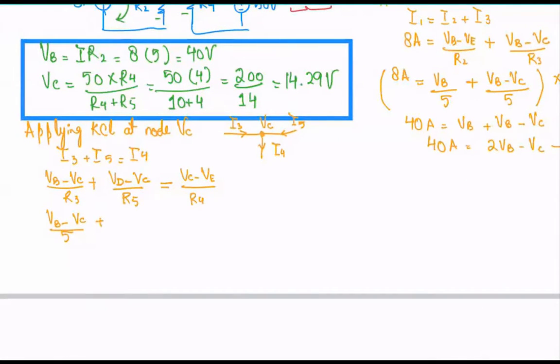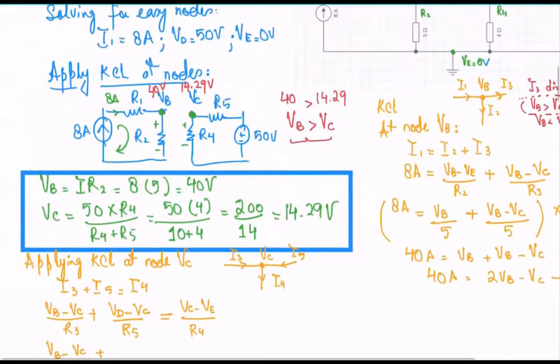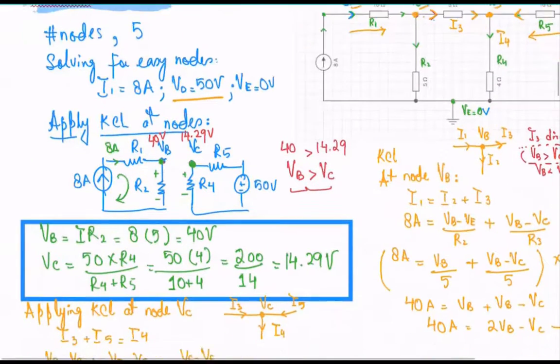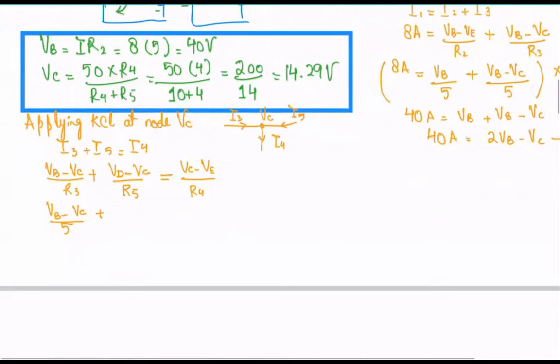Plus VD, we already know that, right? VD was how much? 50 volts. So I get 50 here. Again, VC is something that we need to find out, divided by R5, which is 10 ohms, equals VC minus VE, where VE is 0, and R4 is how much? R4 is 4 ohms.